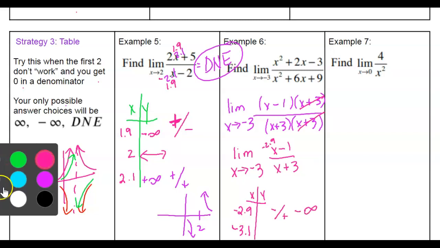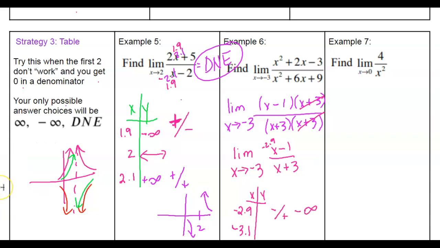And then if I substitute negative 3.1, I'd have a negative on top and a negative on bottom. So these don't agree, and it does not exist. Okay? Now, trust me, it's not that it will always not exist, so just make sure you're making your table to check.